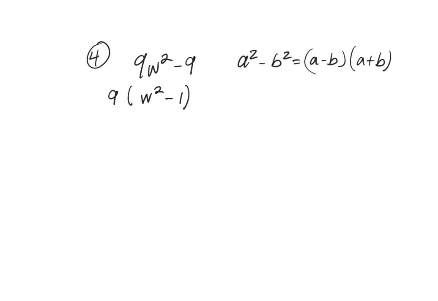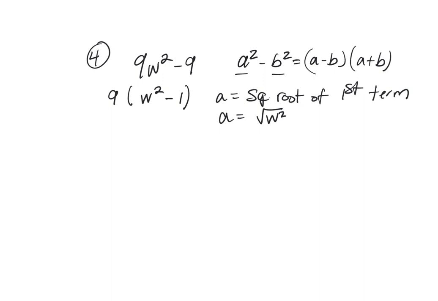So in order to use this formula, you have to know what a and b are. So a is the square root of your first term, which is the square root of w squared, which is equal to w. B equals the square root of your second term.